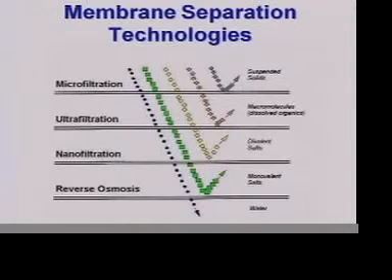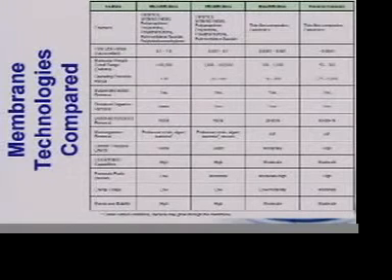But then it's a matter of cost. And here's a chart. I don't want to dwell on this. It's in the PowerPoint and it's in the paper. A chart comparing the four membrane technologies with regard to a number of parameters. And it just provides a comparison.